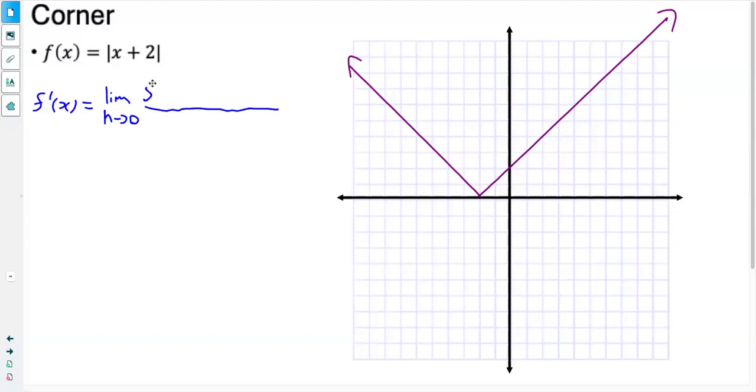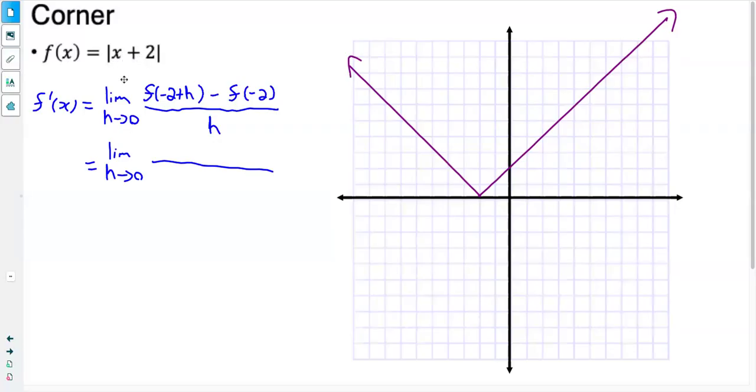So we're going to simplify this a bit. If we substitute into this equation, we'd have the absolute value of -2 plus h plus 2.